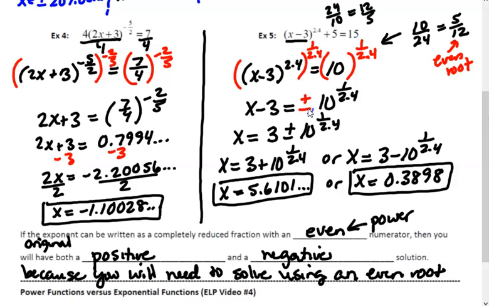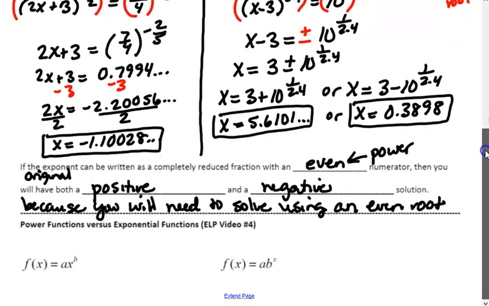So I know that's kind of confusing that I gave you all the examples talking about the even number in the denominator, but that means when I take the reciprocal, I have an even root, which means my original exponent has an even numerator, which is an even power. So if the original exponent has an even number in the numerator, then when I solve, I'll need an even number in the denominator as a root, and I'll have to use plus or minus. So hopefully that makes sense.